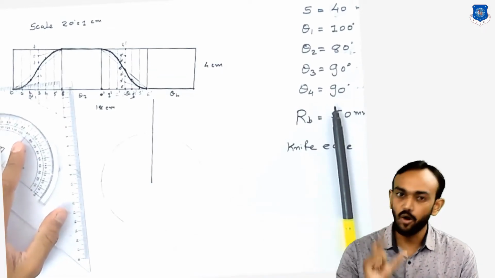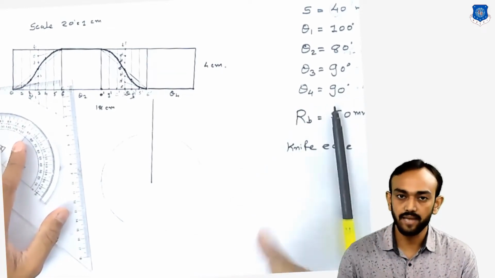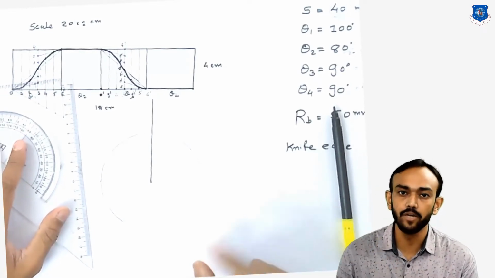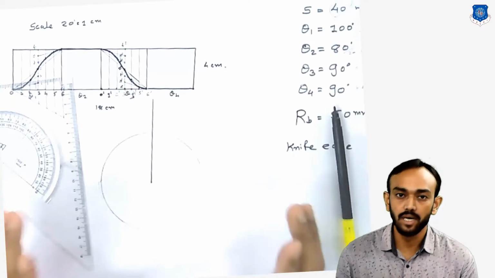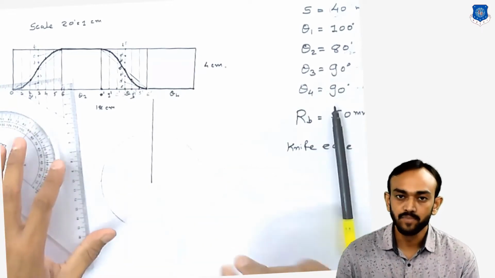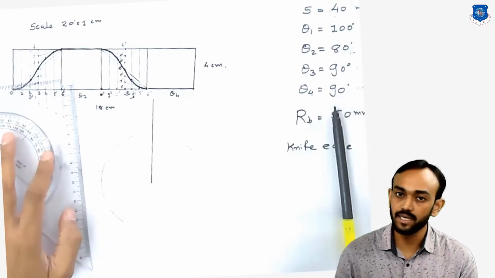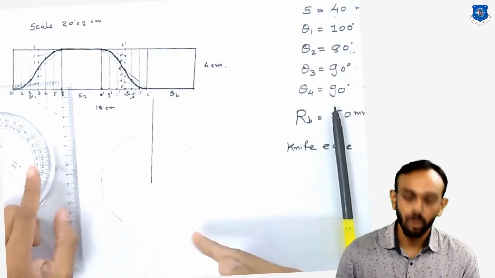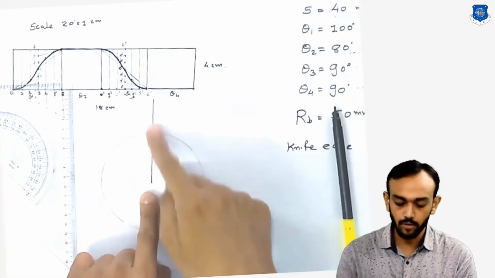But whenever the offset follower is there, there will be an inclined line in that example, and that line will be your reference line. But if the axis of the follower passes through the center of the cam, then this reference line is very important. You have to measure all the angles with respect to this reference line.